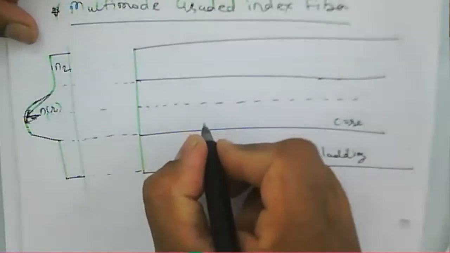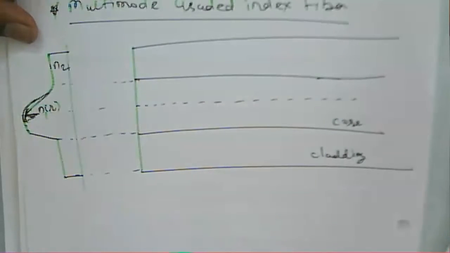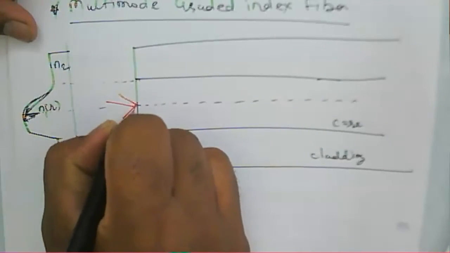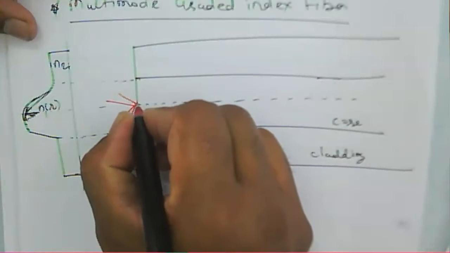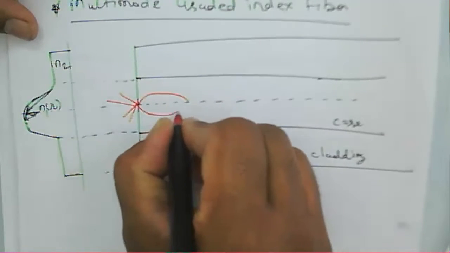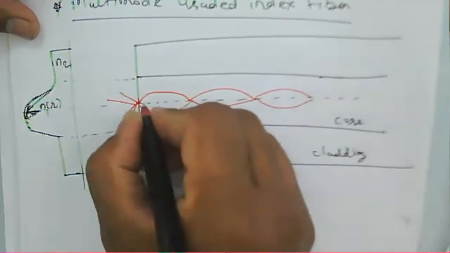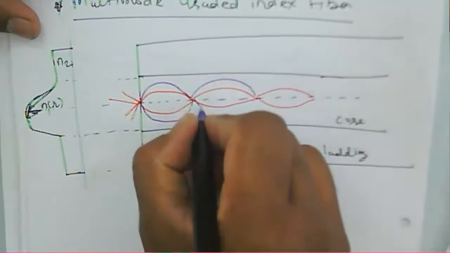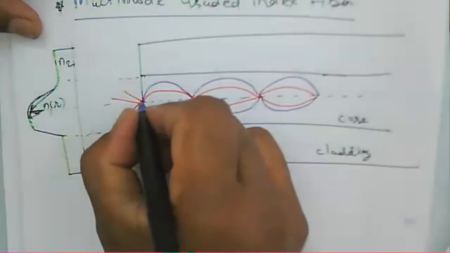So you can find out how your rays are propagating through the fiber. Based on whichever acceptance angle this fiber supports, your rays propagate through the fiber. This way, your signal, your light rays, propagate through the fiber because it has a variation in the refractive index profile.